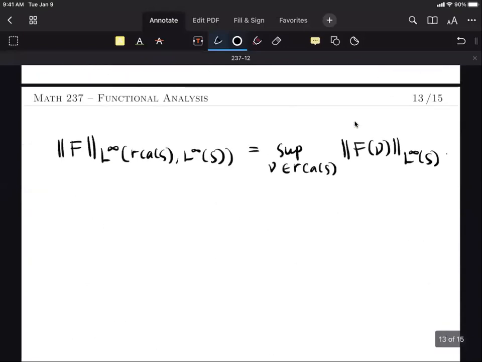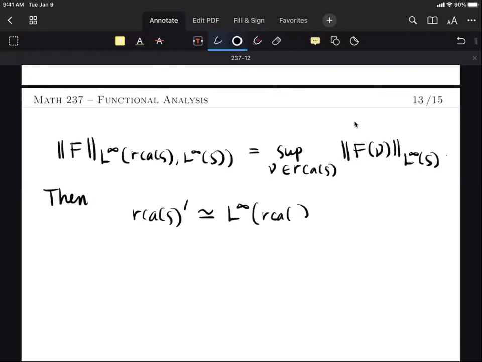Then the dual of RCA of S is isometrically isomorphic to this complicated function space. And in fact, we can construct an isometric isomorphism.